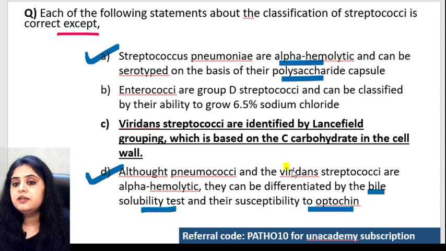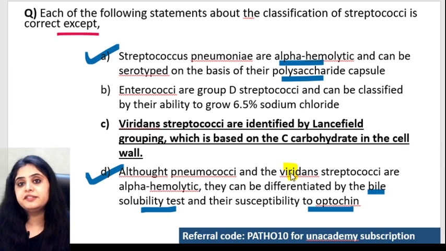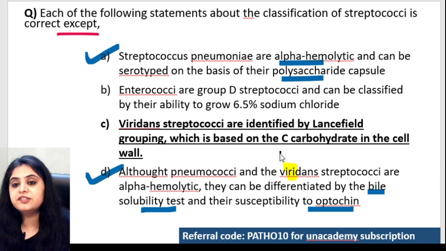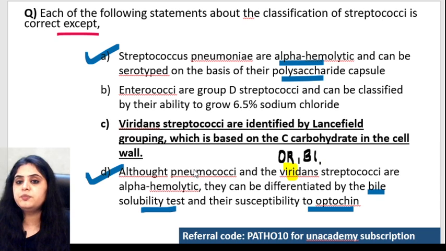Viridans is optochin resistant and bile insoluble, and pneumococcus is opposite. So this is right up till now. Now I'm left with my study on Enterococcus. Then I'll be able to complete this question.